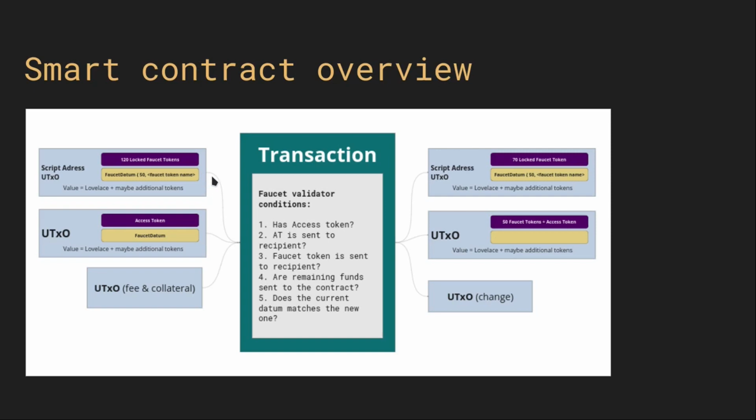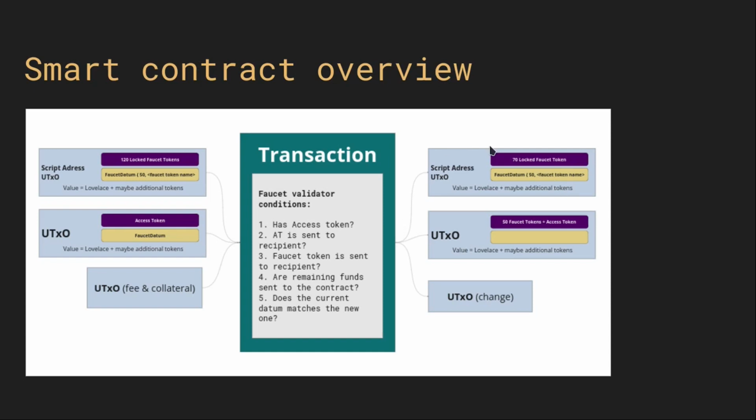Let's say that the counter is in a state of 5, and we specify the counter in the datum, and we add another condition that checks that each time someone does a transaction, the datum counter decrements by 1.